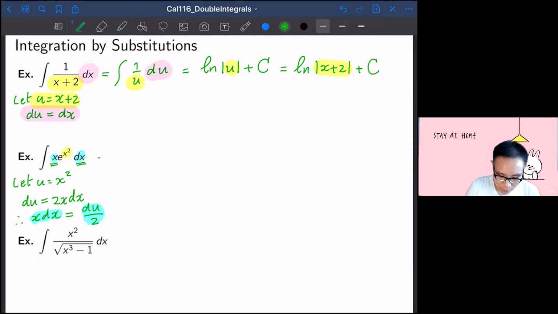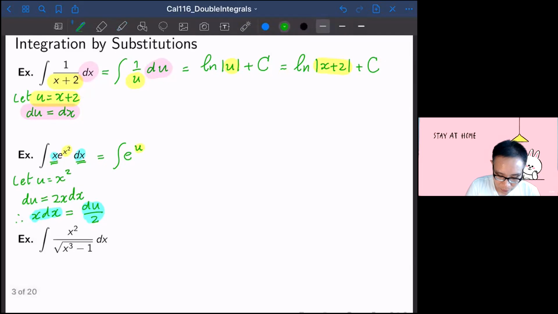So in this case, it's going to be the integral of e to the u, which is the yellow guy, and you have x dx, which is du over 2. Okay.